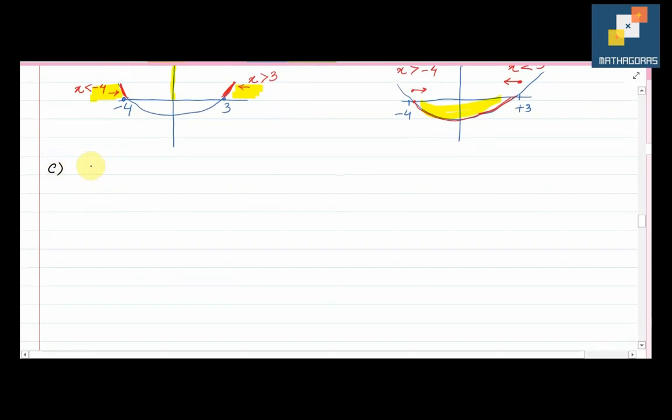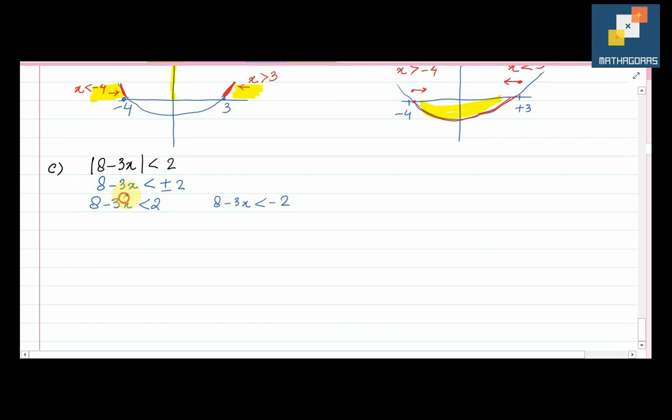So part C, modulus of 8 minus 3x should be less than 2. When you remove the sign of modulus, it's plus minus 2: 8 minus 3x is positive 2, and 8 minus 3x is negative 2, right? When you are solving an inequality, keep in mind that you need to make your variable positive.